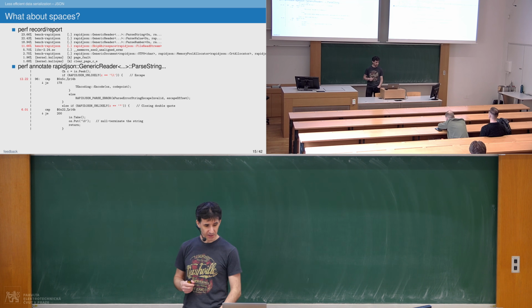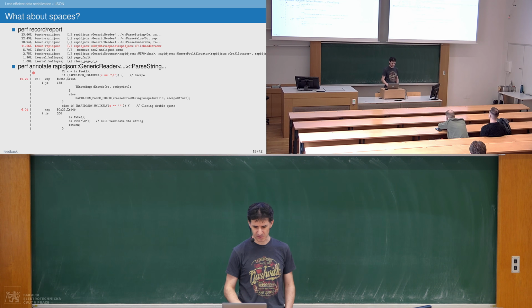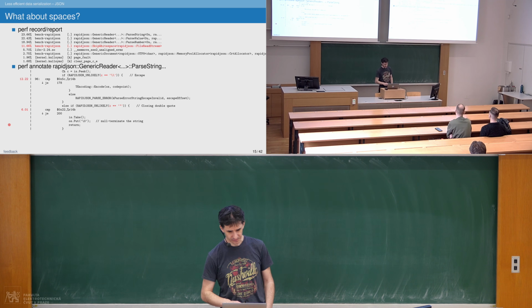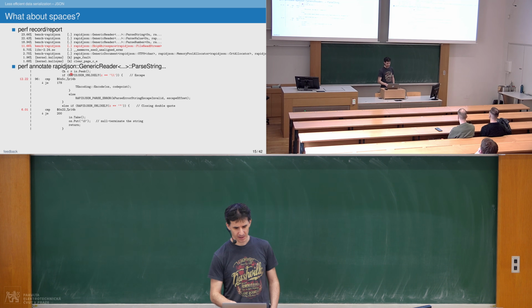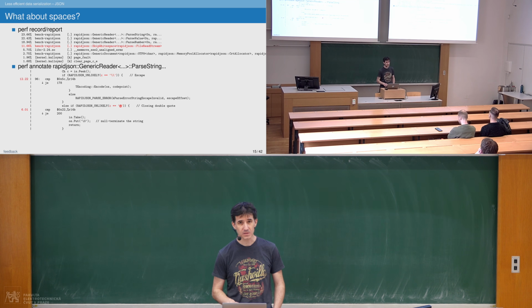Now let's look in more detail into the code. Let's look at perf annotate, and see where the time is spent in that function. You can see that there is some character read from the stream, and we compare the character with backslash, and we compare the character with quotes.